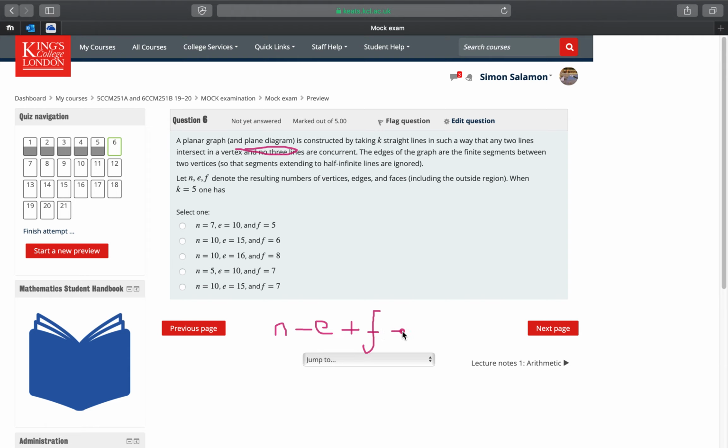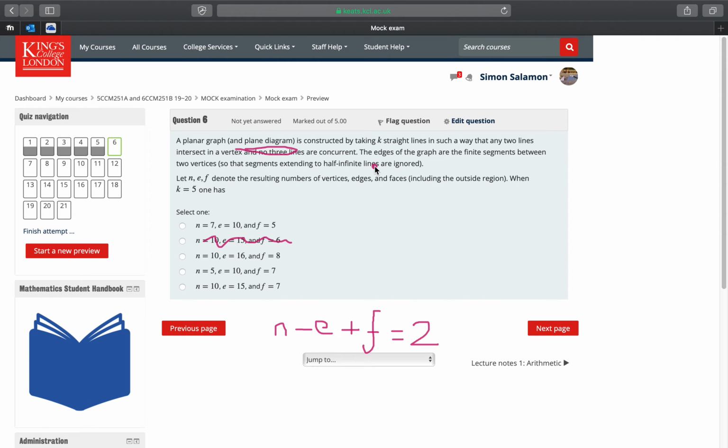Well, unfortunately, almost all of these satisfy that formula. I think one doesn't. 10 minus 15 plus 6 is 1, so this one is certainly false. But all the others do satisfy this formula, so we have to actually really understand the question, I think, to go on.